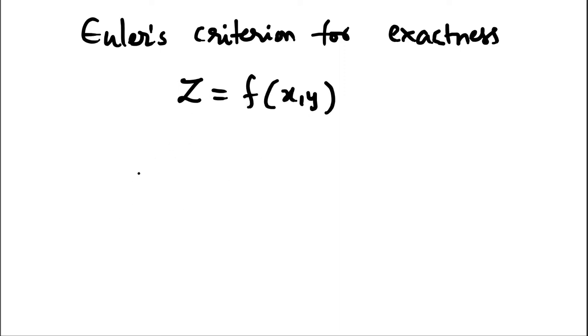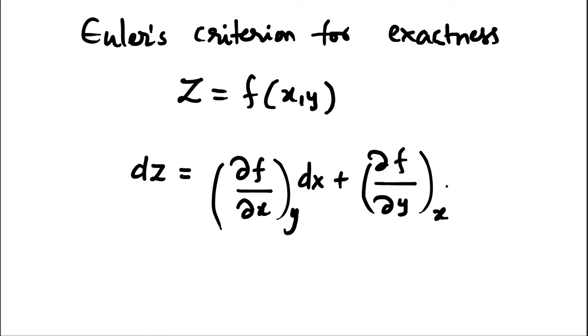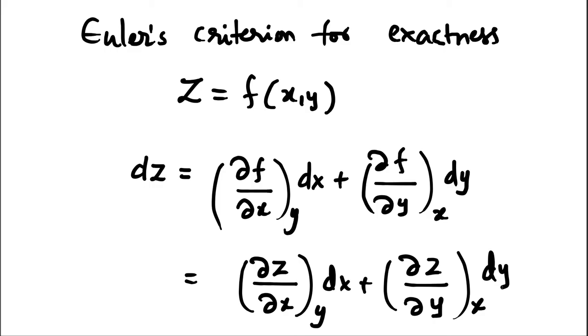The differential of z, dz, is equal to ∂f/∂x at constant y times dx plus ∂f/∂y at constant x times dy. You can also write this as ∂z/∂x at constant y times dx plus ∂z/∂y at constant x times dy. This is a differential expression.